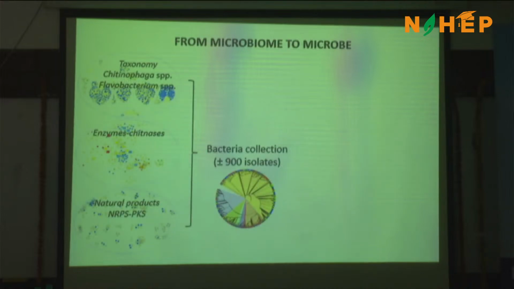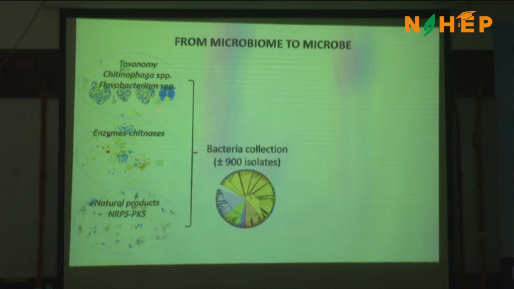Now our goal was going from microbiome to microbe. We have done quite a few bioinformatic analyses, and we have squeezed all the information that we had from the endophytic microbiome. So it's time to go back to the lab and see what these microbes are doing in real life.